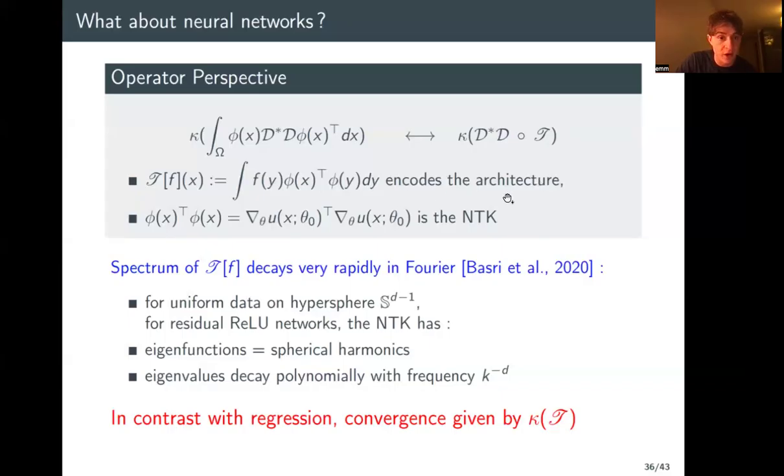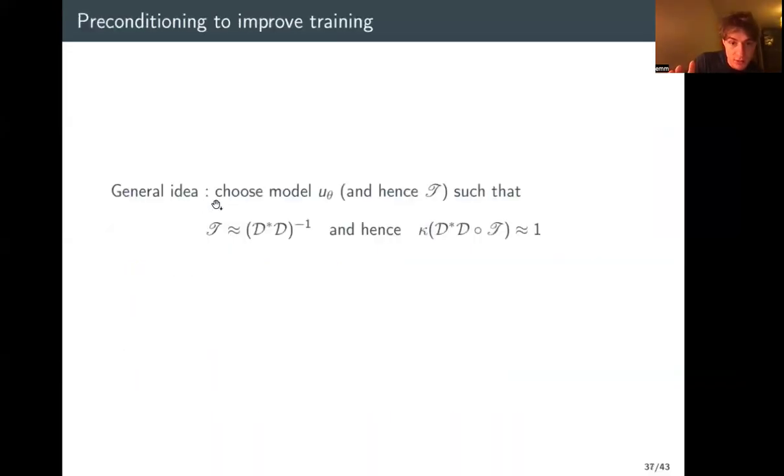So if I change my architecture, it's going to change my kernel integral operator. Then you can ask what's the best model I could choose? My best ansatz, and hence my best calligraphic T operator, would be choosing T that is close to the inverse of this Hermitian squared.